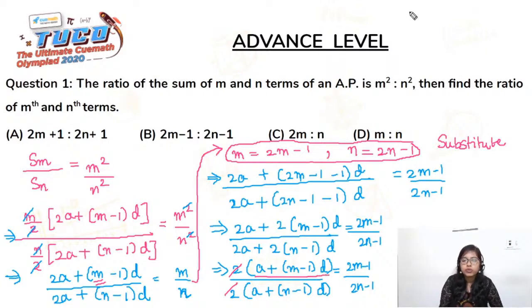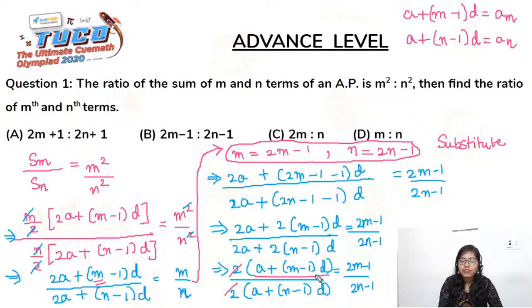As you all can see, the 2 and 2 get cancelled, and this a plus m minus 1d, we know that a plus m minus 1 times d could also be written as the mth term, right? And a plus n minus 1d could also be written as the nth term. So finally what we found is that this is nothing but am, this is nothing but an, and the ratio of am by an is 2m minus 1 divided by 2n minus 1.